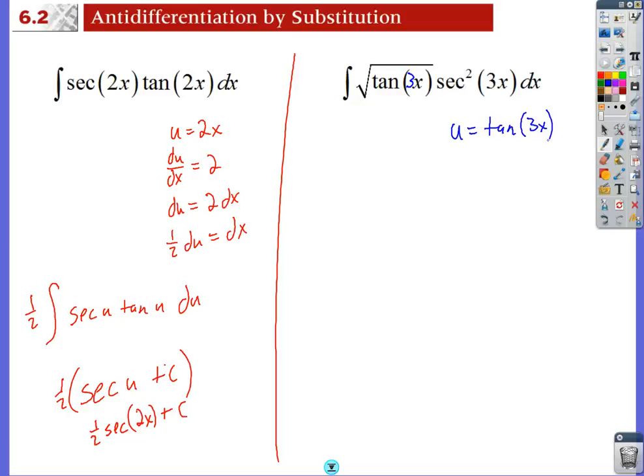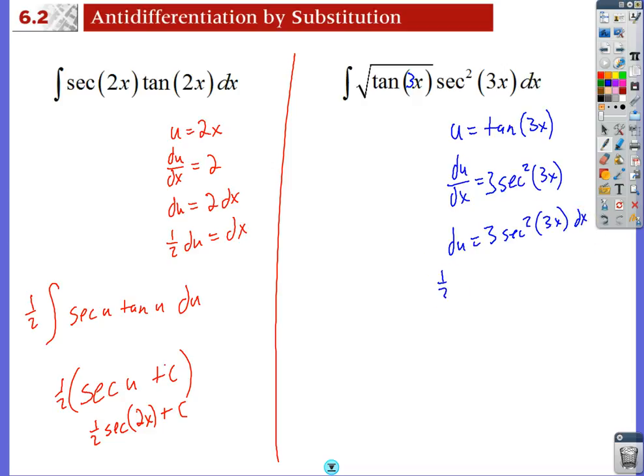If I choose u, then all of a sudden when I take the derivative du dx, okay, that's going to again be secant squared of 3x, okay, times the derivative of 3x, which is 3. Solve for du, and I find out that du is equal to 3 secant squared of 3x dx.